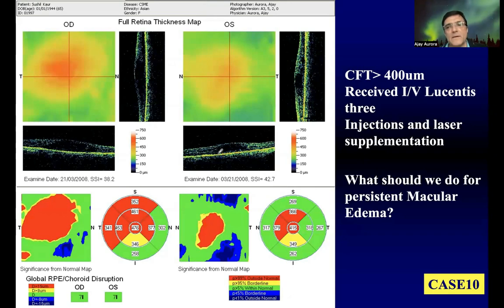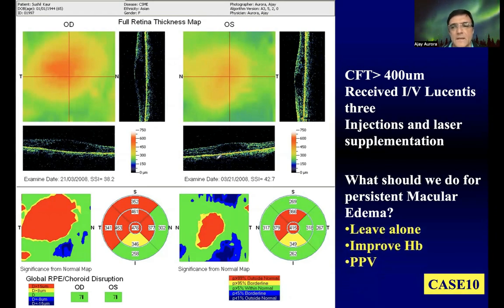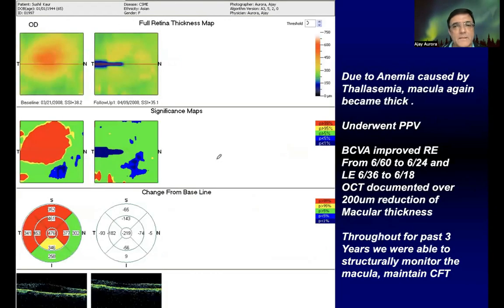And this is way back in 2009 when I went ahead and operated this patient, did a vitrectomy. There was no traction, but the main aim of vitrectomy was to increase oxygenation of the macular area, and that really helped the patient because patient's hemoglobin did not improve. Patient's macular edema came down, like you see in this case.